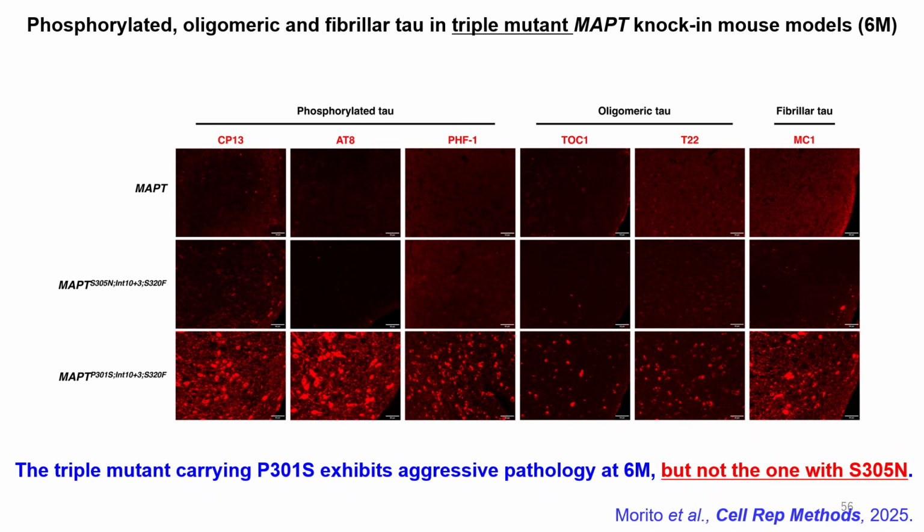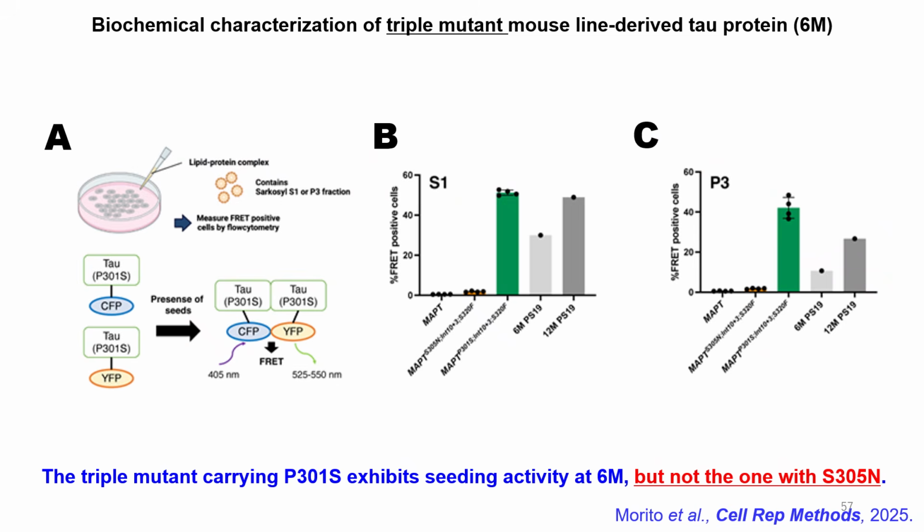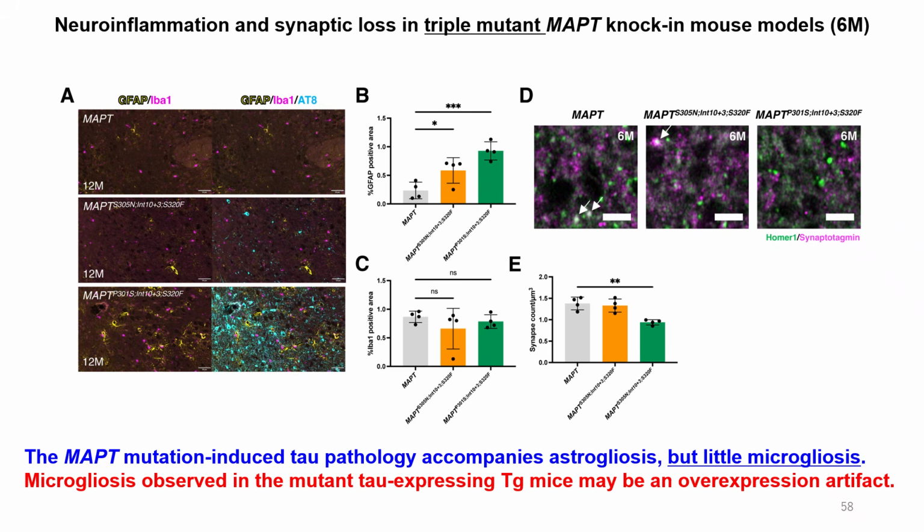This in vitro seeding assay also indicates that the triple mutant carrying P301S exhibits seeding activity comparable to 12-month-old PS19, but not the one with S305N. These figures show astrogliosis, microgliosis, and synapse loss in the 2 lines of triple mutants.